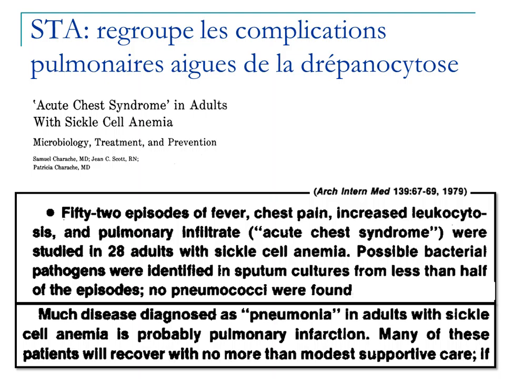So he concluded from that that there was another phenomenon involved besides infection that could account for the symptoms, and came up with a hypothesis that it was a pulmonary infarct through a sort of pulmonary vaso-occlusion, and he coined the term acute chest syndrome. Today it's not just limited to pulmonary infarct, but it groups together all of the complications of the acute chest syndrome connected to sickle cell anemia.